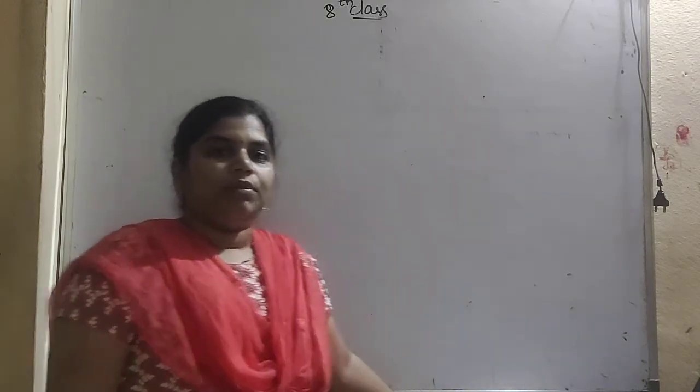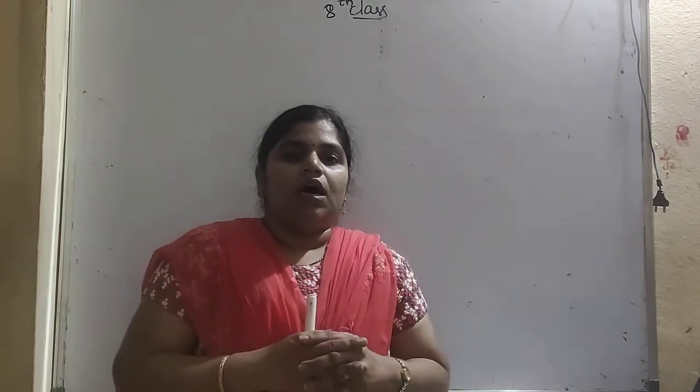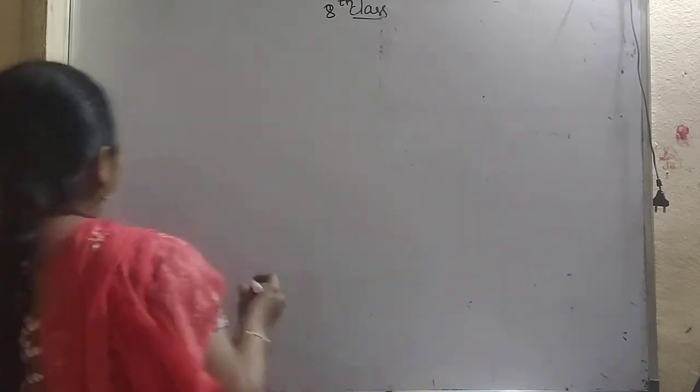We have to find whether these two numbers are divisible by 6, and also check whether 6 divides the sum of 456 and 618. If you add these two numbers, we have to check whether that value is also divisible by 6 or not.